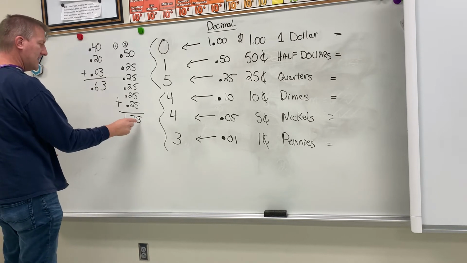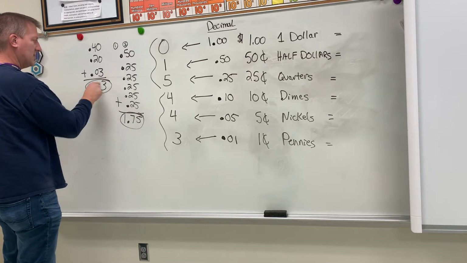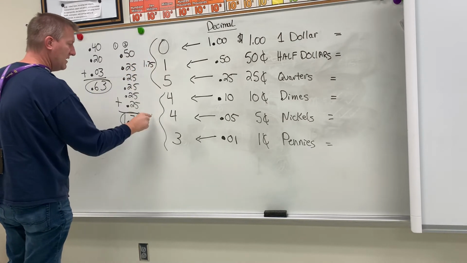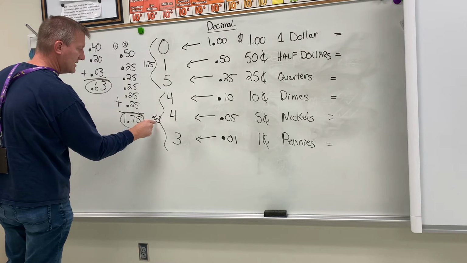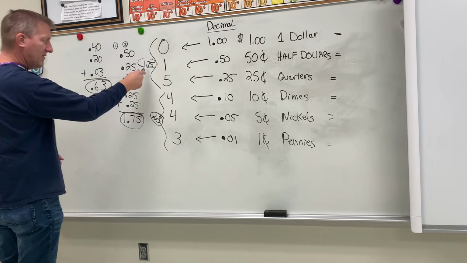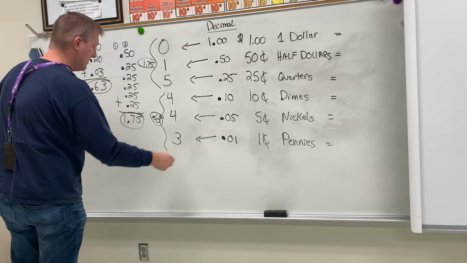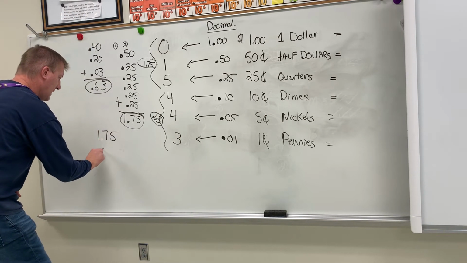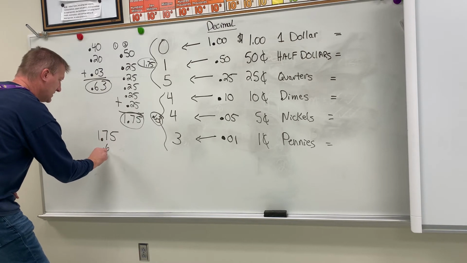So I'm going to add this amount and this amount together, because this amount was $1.75 and this amount was 63 cents. Okay, so together, if I add them together, it'll get me my total amount. So $1.75 and 63 cents.